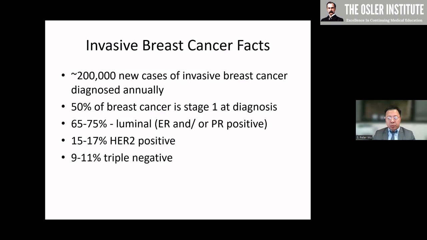There's two categories, luminal A and luminal B, both of which have better prognoses than basal-like or other less good prognostic triple negative, HER2 positive, ER-PR negative tumors. About 20% are HER2 positive, and about 10% are triple negative. So that's a nice number to remember.